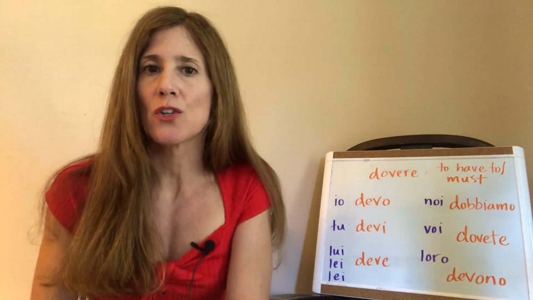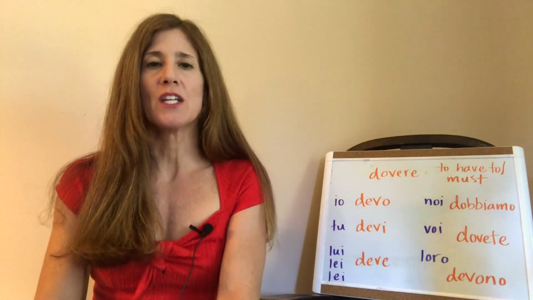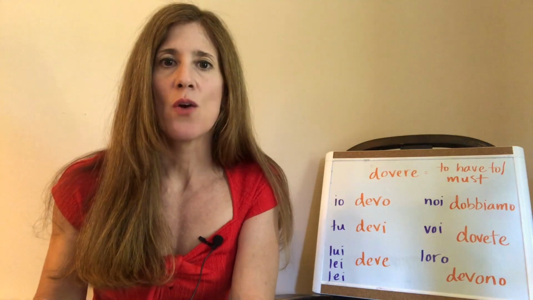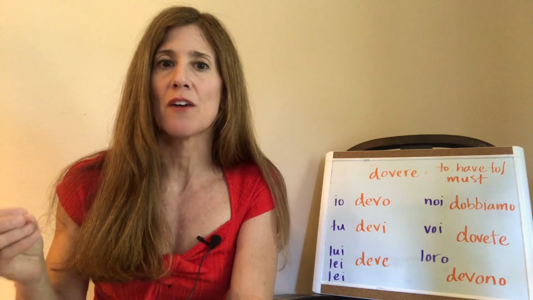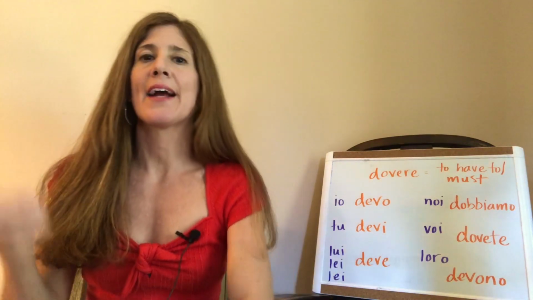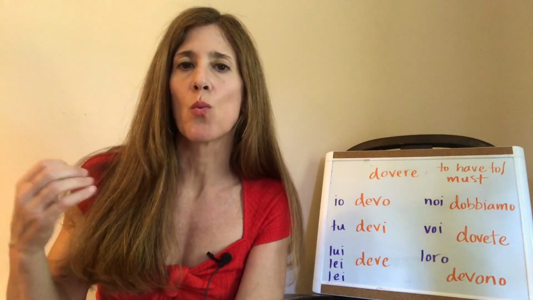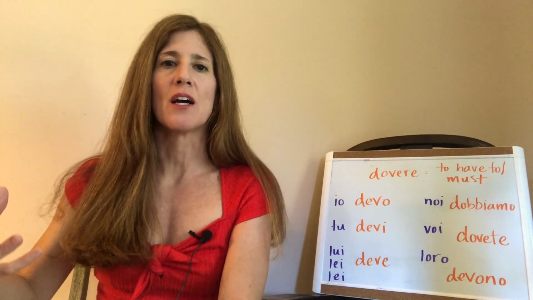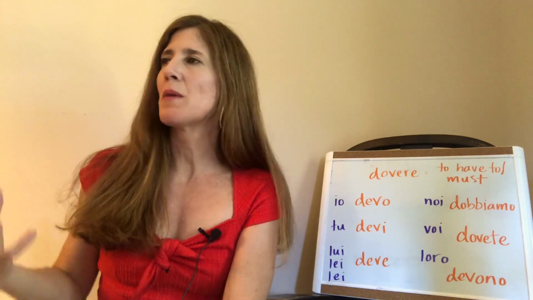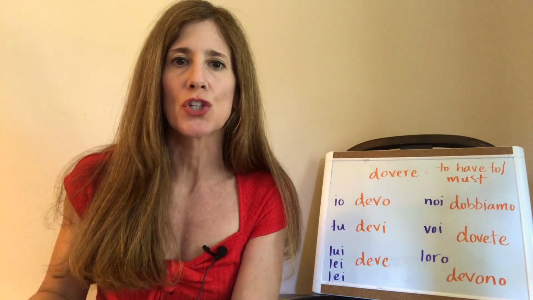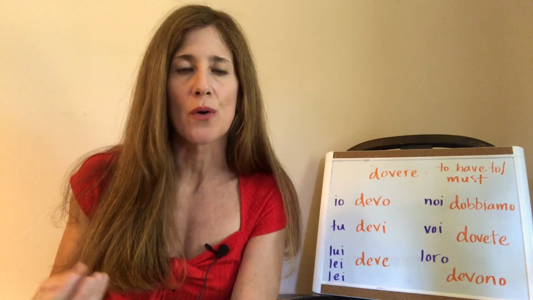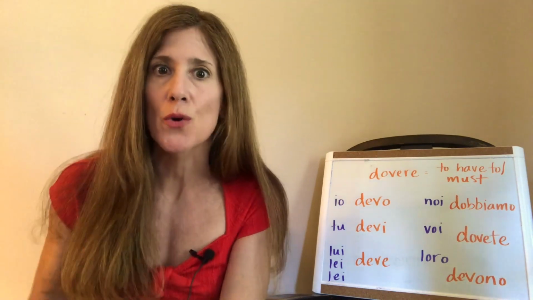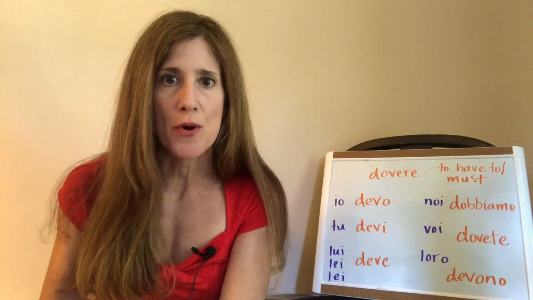So something that you can do with dovere, though, is that you can use it in the third person singular with si in front of the conjugation, and you can use it to mean one must, okay? So one must is something that maybe within a society or a culture it's important to do, okay? Allora, un esempio di questo periodo del coronavirus, okay?